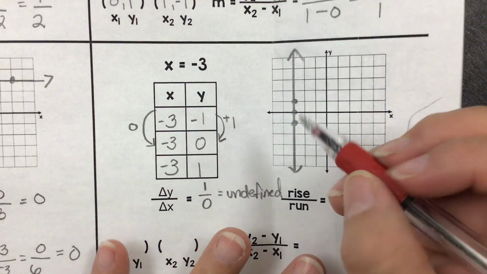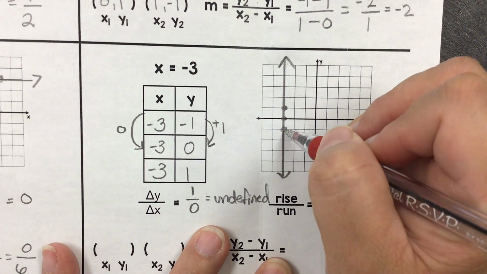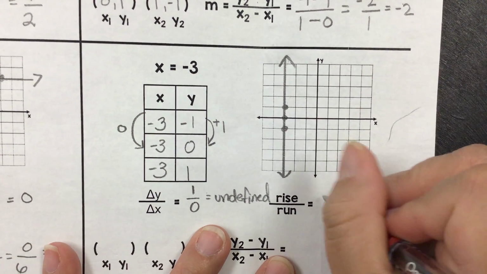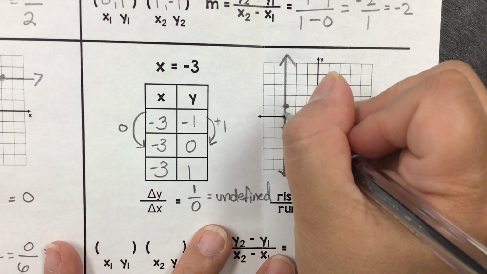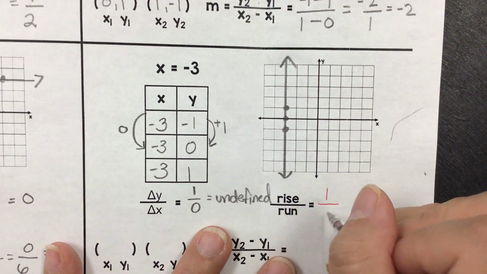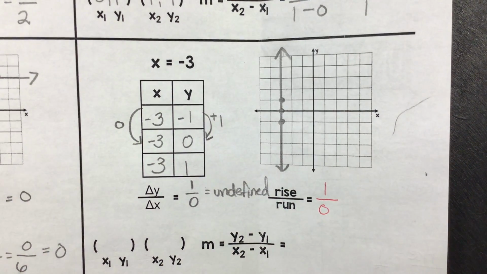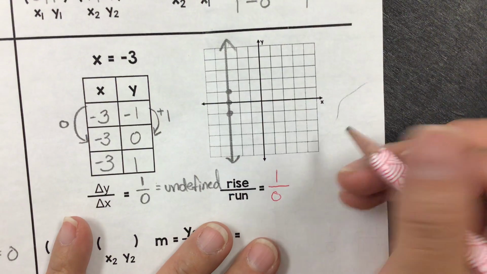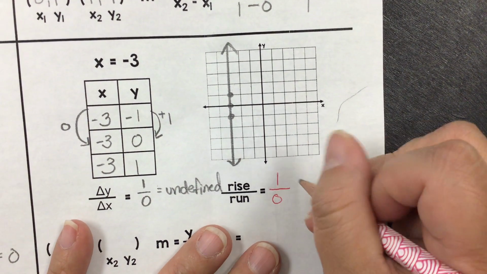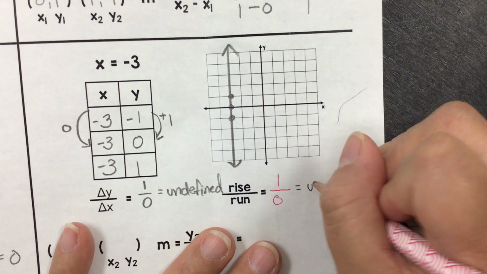Again, we start at any point. We need to rise 1. So that's a 1. There is no left and right movement, so we call it 0. That's how we move. We need to know that movement. That's why the slope is called m, but the actual slope is undefined.